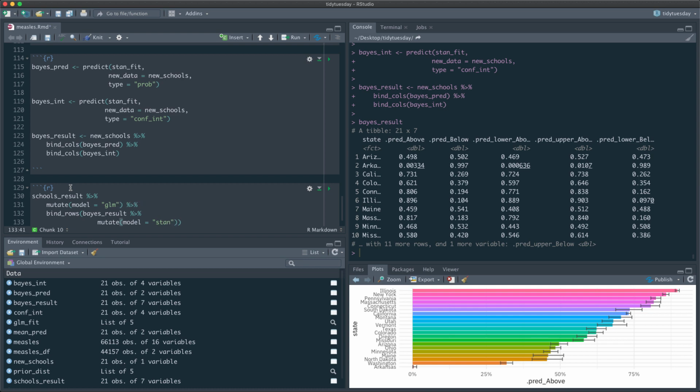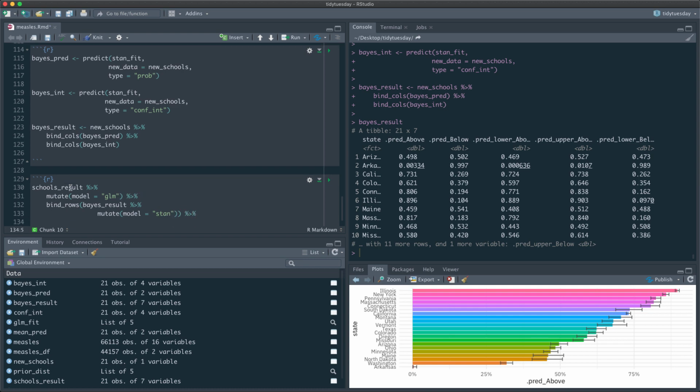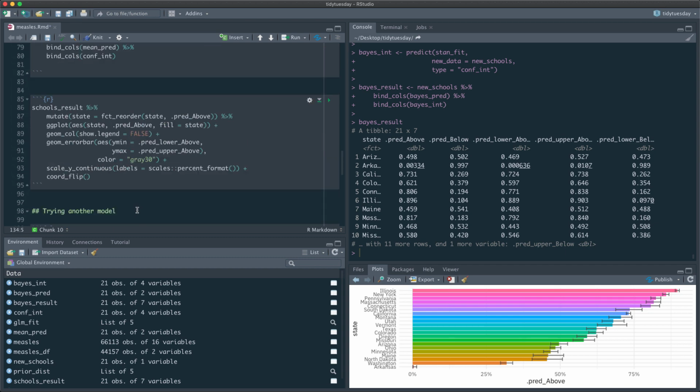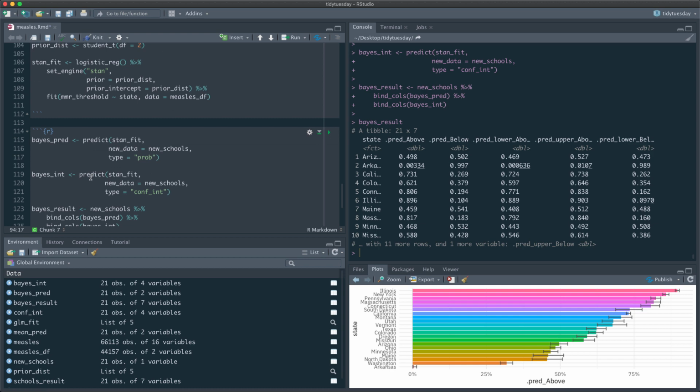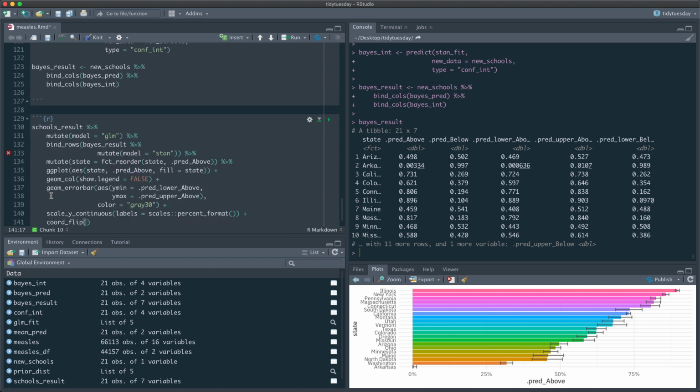And then let's go back to this visualization and paste it here. This should all work. Instead of a column, let's go to a point, and we're going to make the color the model instead of the state.